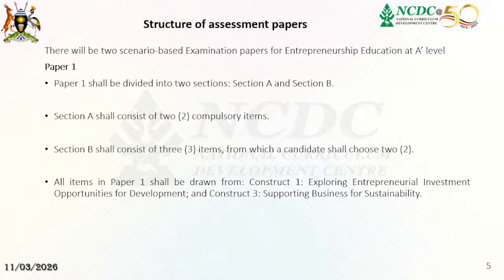I can repeat: our paper 1 will be drawn from construct 1, exploring entrepreneurial investment opportunities for development, and construct 3, supporting business for sustainability. I'm very aware that we have now known which topics are in each construct.